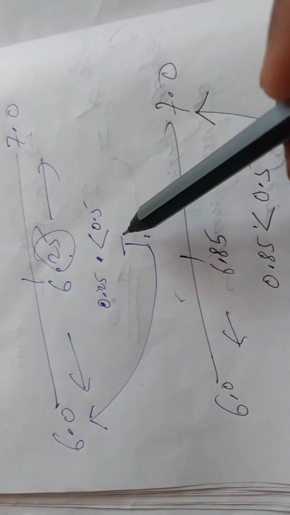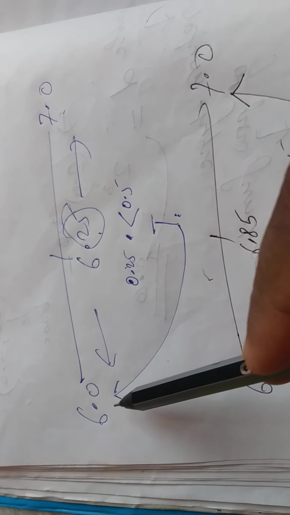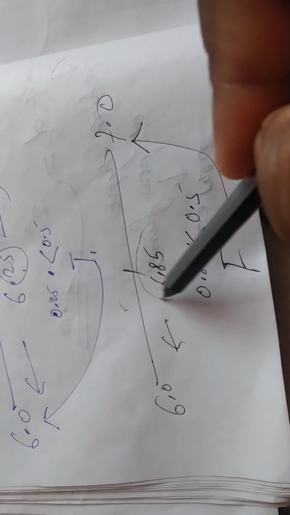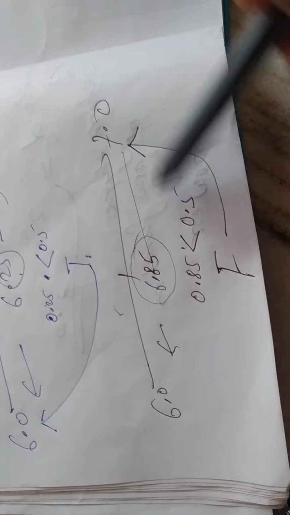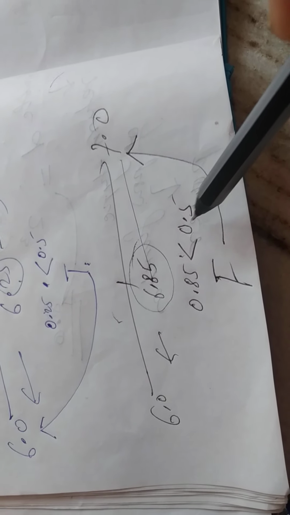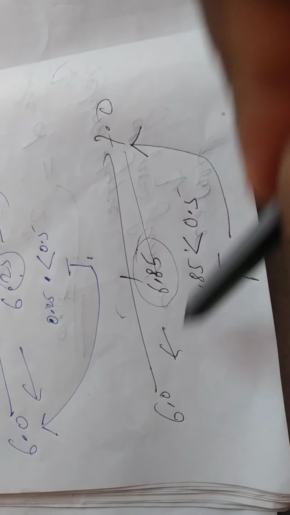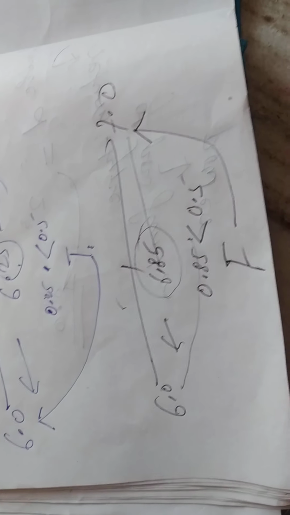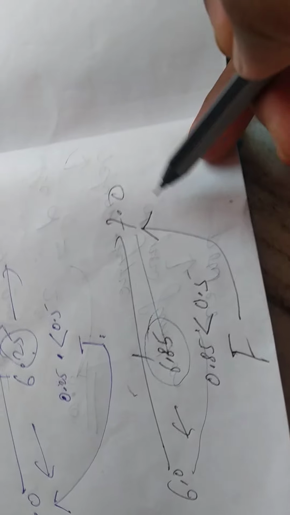Is 0.85 less than 0.5? No, this is false. If it is false, it will print 7. Here it was true, that's why 6.0. If it is greater than 0.5, the value will be rounded up to the higher value. If the point value is less than 0.5, it will give you the lower value. So here the answer will be 7.0.